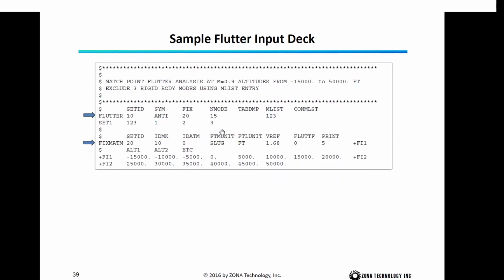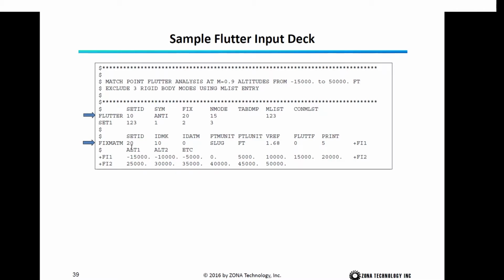So this is a sample flutter input card. You have a FLUTTER card, and you specify it's an anti-symmetric flutter analysis, and then this one refers to the FIXED MTM card.